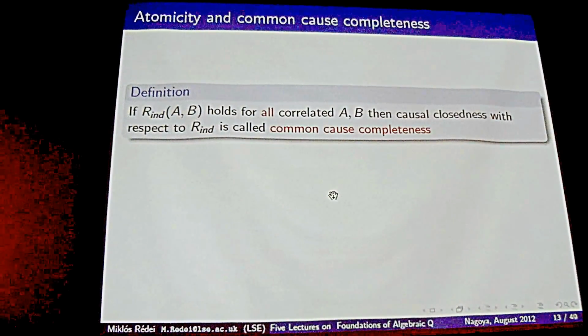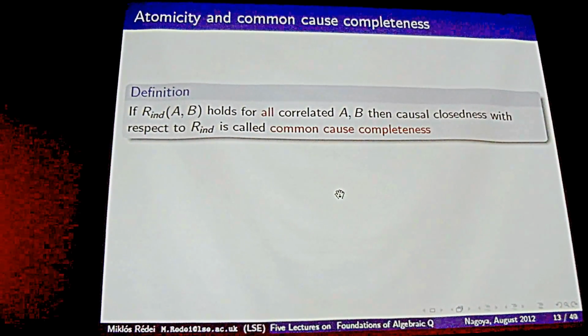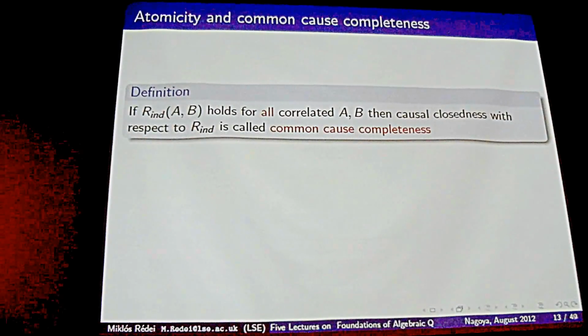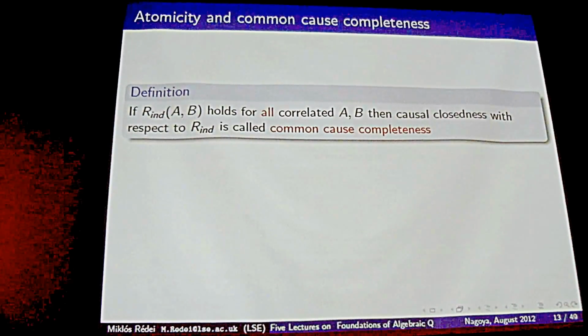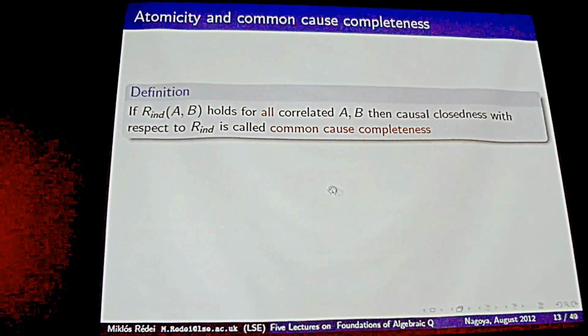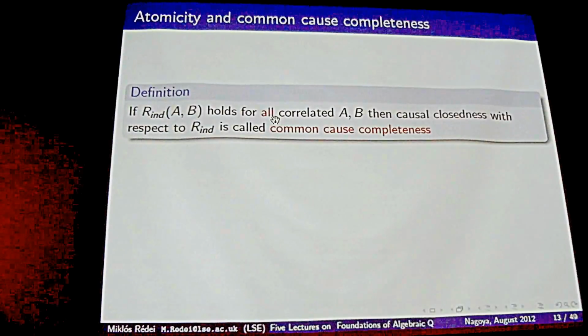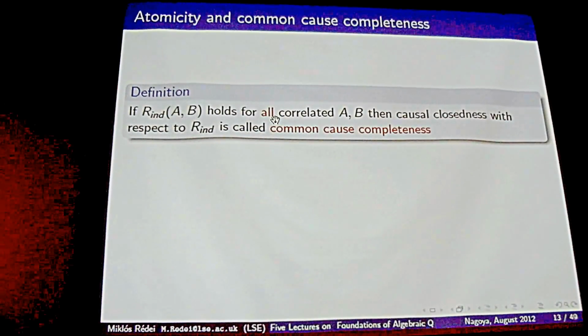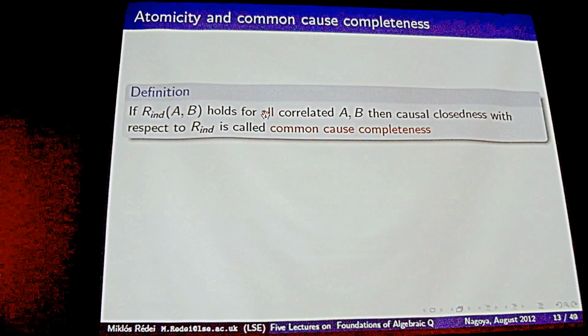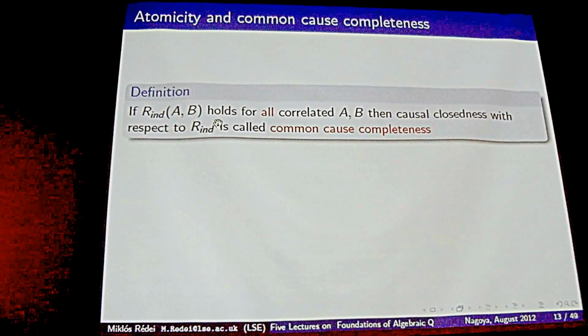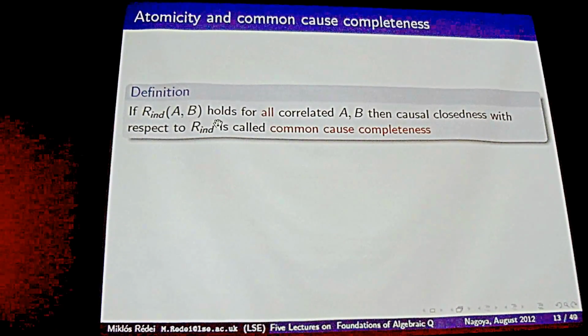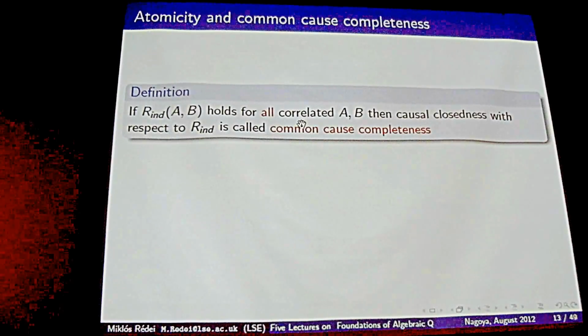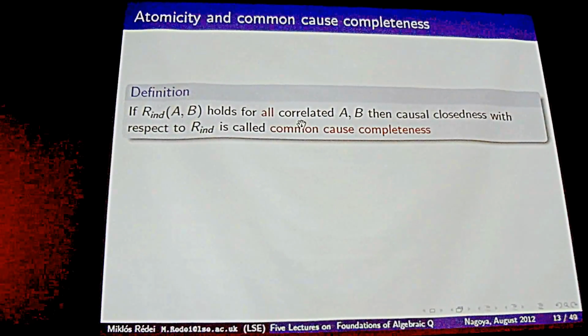What turns out is that non-atomic probability spaces will be common cause complete. What I mean by common cause completeness is the following: any correlation in them, no matter where the correlated events belong, will have a common cause.